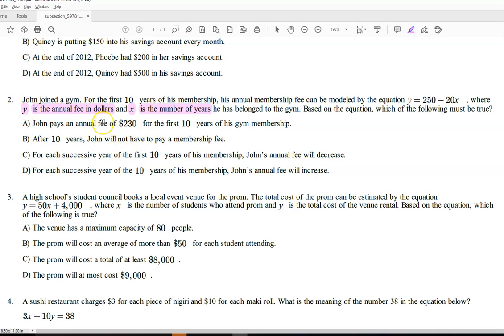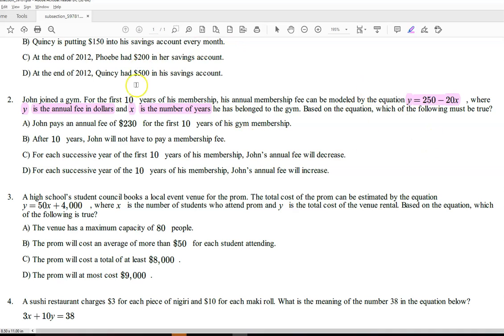Okay, so Y is the annual fee in dollars, X is the number of years he has belonged to the gym. And then this is also important, it's the equation. Just off the bat, I already know that if X is the number of years, then my 20 is probably going to be something that's per year. Also, I notice it's negative. So if it's negative, that means it's going to be something coming off of whatever Y is.